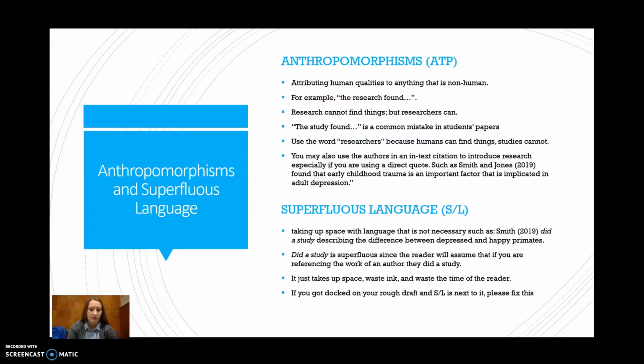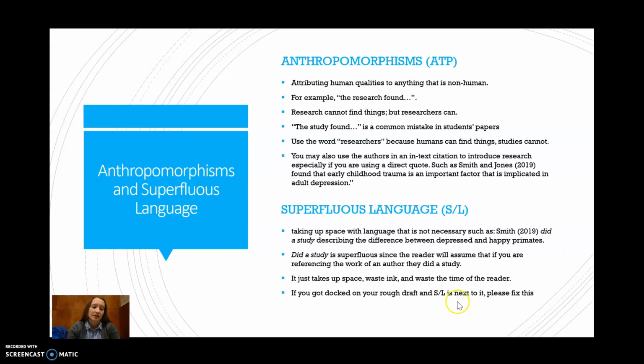And then just 2 more slides. So some other problems that we've seen in most of your papers so far are these things called anthropomorphisms and superfluous language. So an anthropomorphism is basically attributing a human quality or action to something that's non-human.